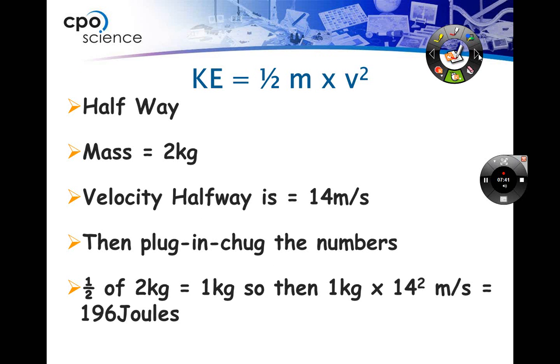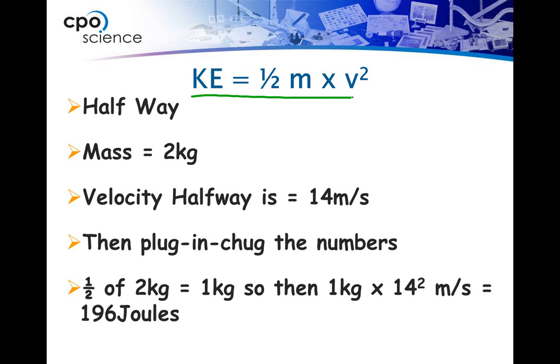Let's figure out the kinetic energy about halfway down. Here's the formula for kinetic energy, where kinetic energy is 1/2 mass times the velocity squared. Halfway is 10 meters. At that particular distance, my velocity is going to be 14 meters per second. Then I'm going to plug and chug the numbers.